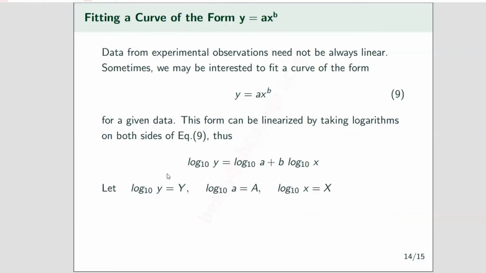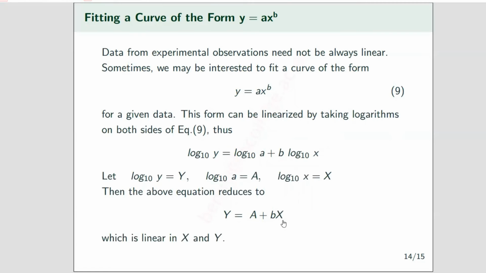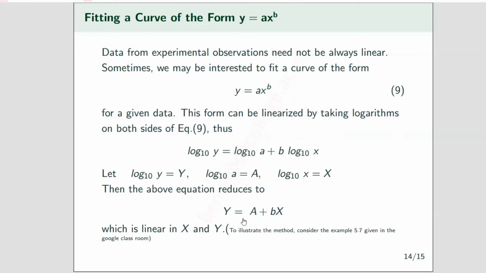We will take log y as capital Y, log a as capital A, and log x as capital X. So we can write this equation in a much simpler form, Y equal to A plus bX, or bX plus A. This is linear in X and Y, and we know that Y equal to bX plus A is the equation of a straight line.